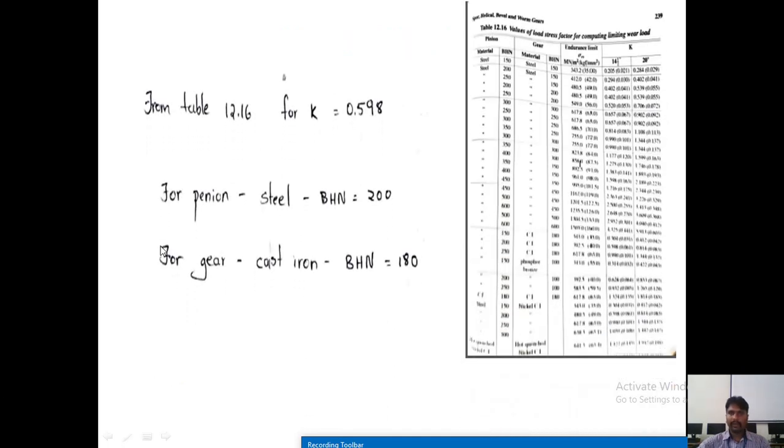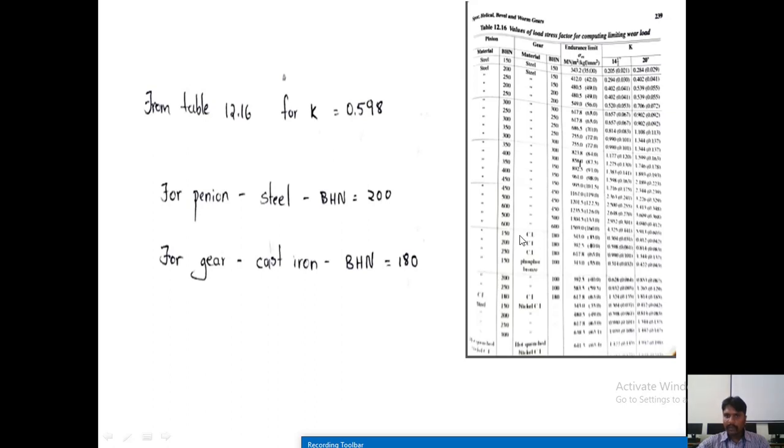Go to the table for cast iron and steel. So we need to go for a K value which is greater than 0.53 or so. For 14.5 degree, if you refer to the table, this is the cast iron and this is the steel. So these are the cases where we have the combination of cast iron and steel. For this, K greater than that is given as 0.598.